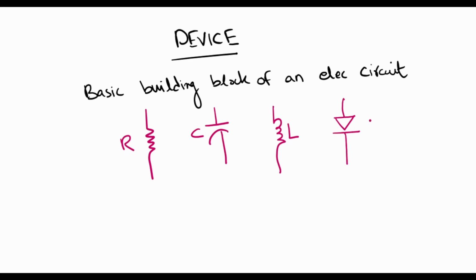So it could be a diode. What these devices actually are, we will study in detail in later lectures. But here I just want to give an introduction to the basic terminology used in electrical engineering. So we have devices and then we have circuits.